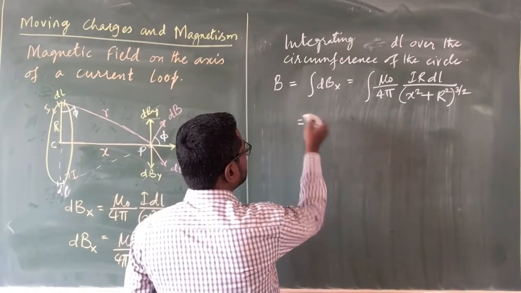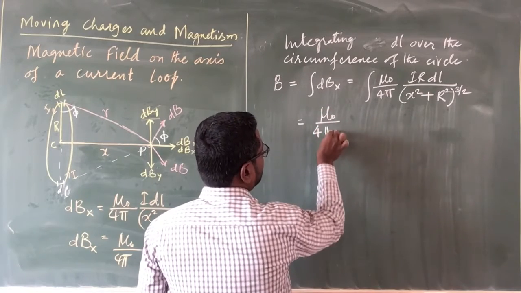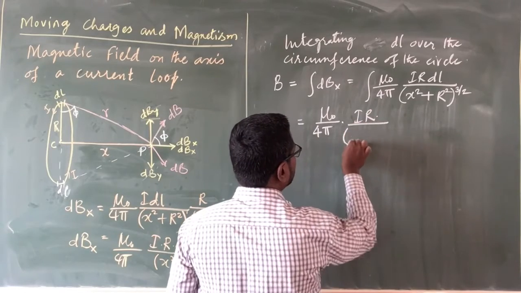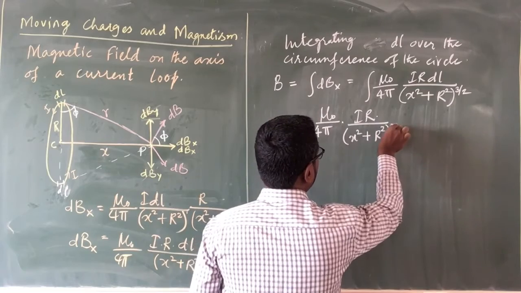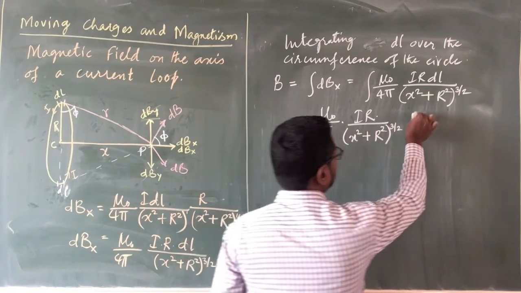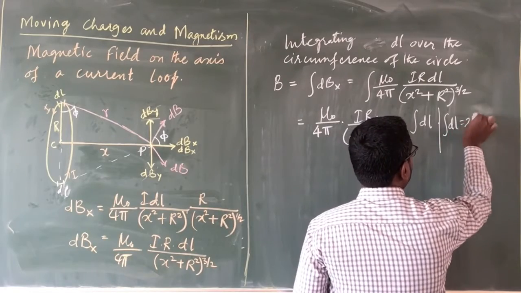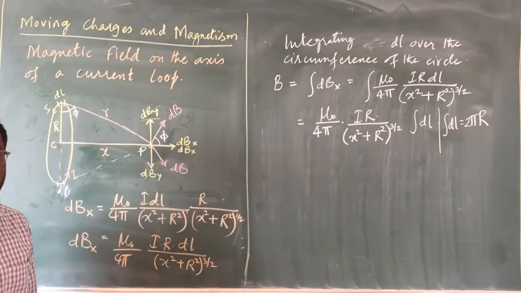Taking the constants outside, it will be mu naught by 4 pi into I R divided by x square plus R square to the power of 3 by 2, times the integration of dl. The integration of dl will be equal to 2 pi R, the circumference of the circle.